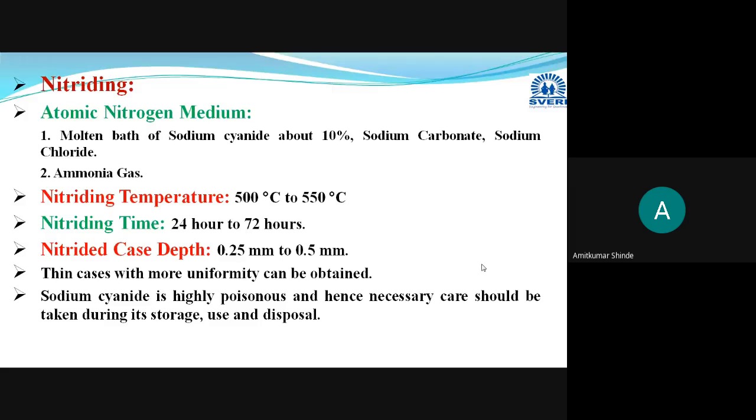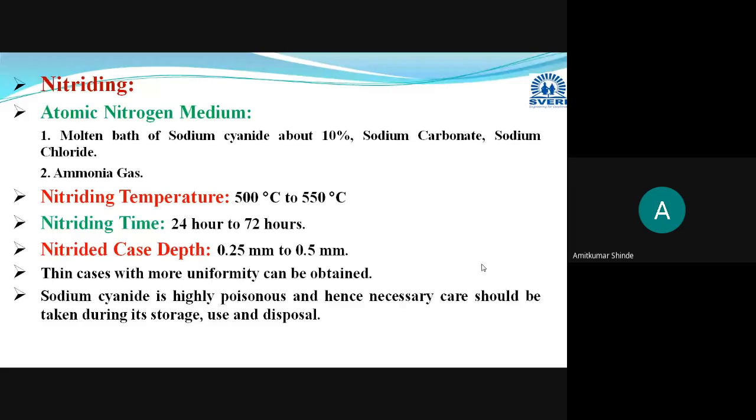First, we will start with the nitriding heat treatment process. This process also consists of one heating cycle, then holding time, and after that one cooling cycle, as in our concept of heat treatment.